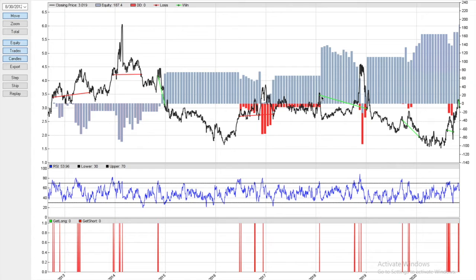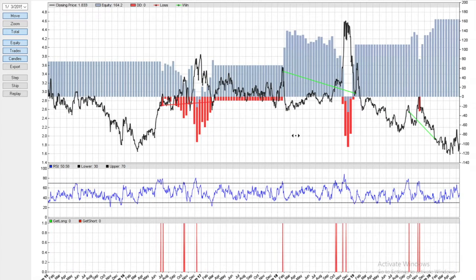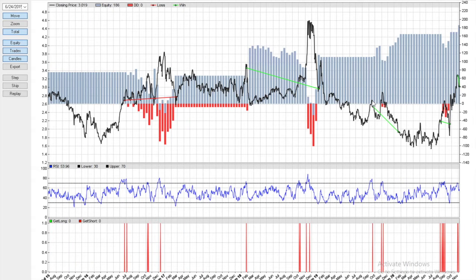This was, for instance, a good example where it went short and it locked in the profit, even though it had a massive drawdown, as we can see around here. Another good example of a short was this one, even though it immediately almost went into a drawdown because the uptrend sort of continued here.